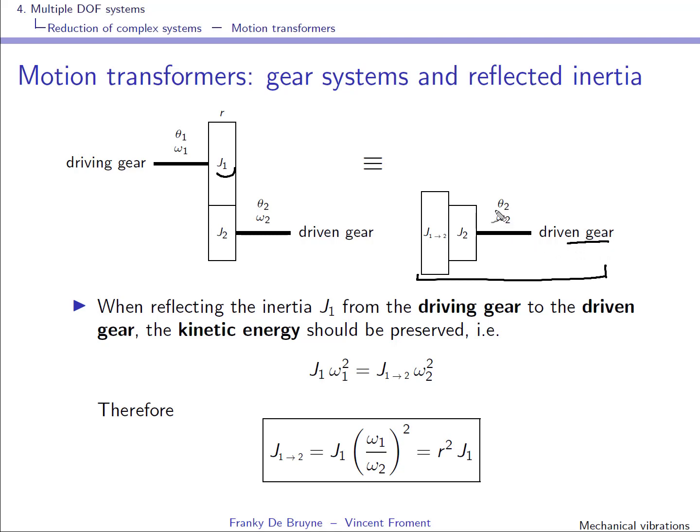So everything here is rotating at rotational speed omega 2. It's the same idea in the sense that you use this argument of kinetic energy. So this inertia reflected to the output is obtained by this formula: you take the original moment of inertia at the driving gear and multiply it by the gear ratio squared.